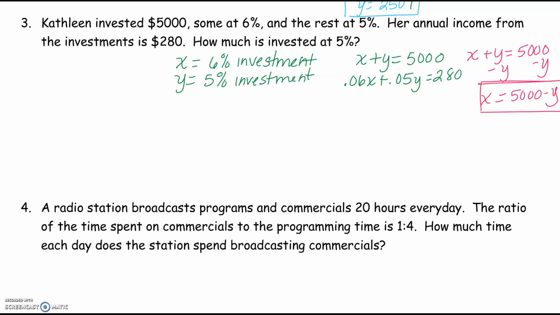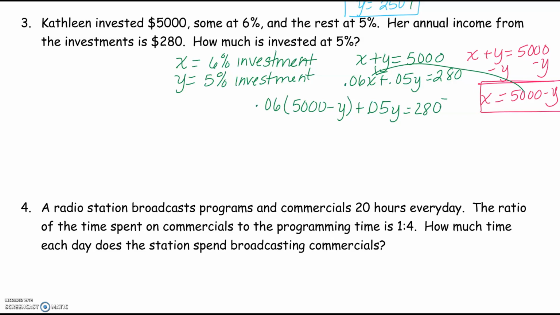I'm going to take what that is, and I'm going to plug it in to wherever there is an x. So I'm going to get 0.06 times 5,000 minus y plus 0.05y equals 280.